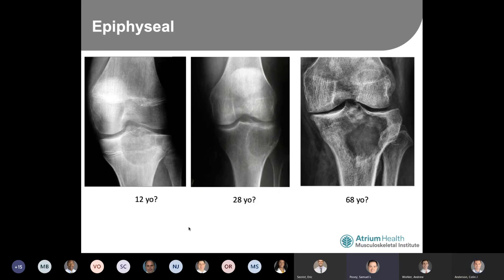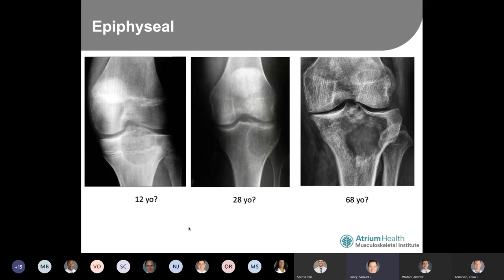So on the far left, we're looking at a knee, right knee it looks like, or left knee. And you can see a lytic lesion that's involving both the epiphysis and metaphysis of the proximal tibia. And then it's more centrally located versus the other two in the middle.